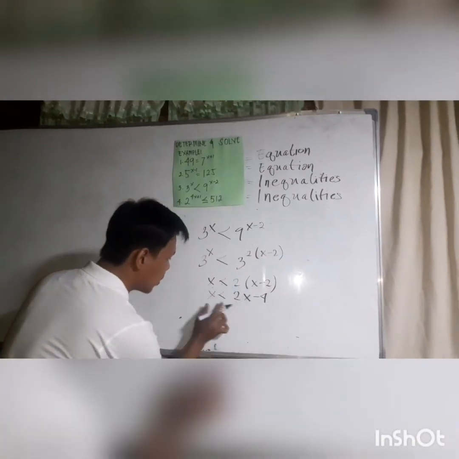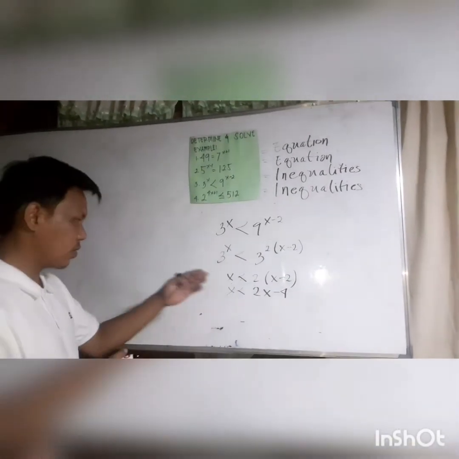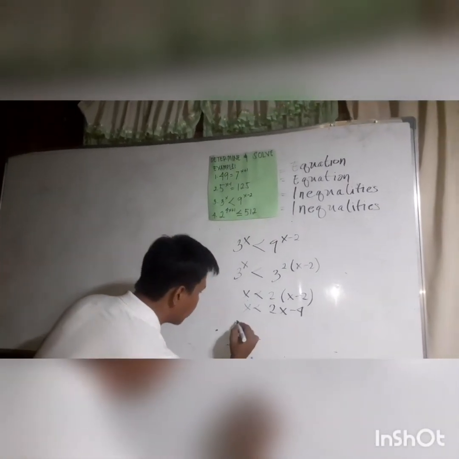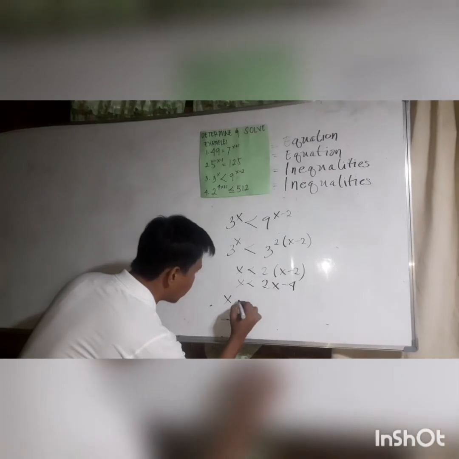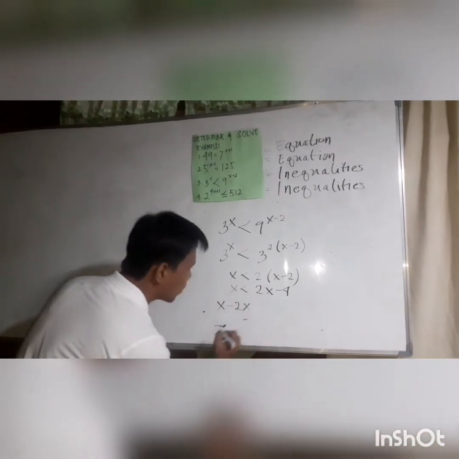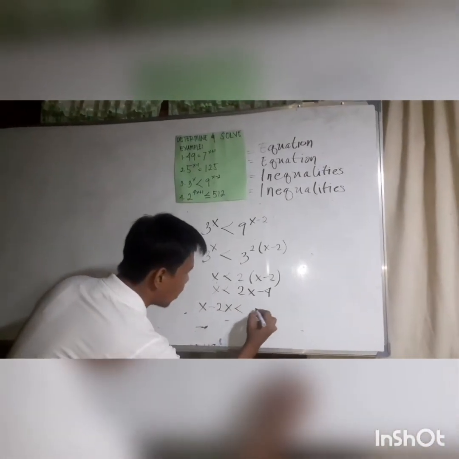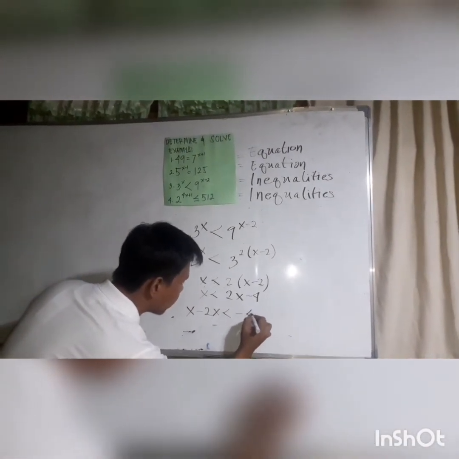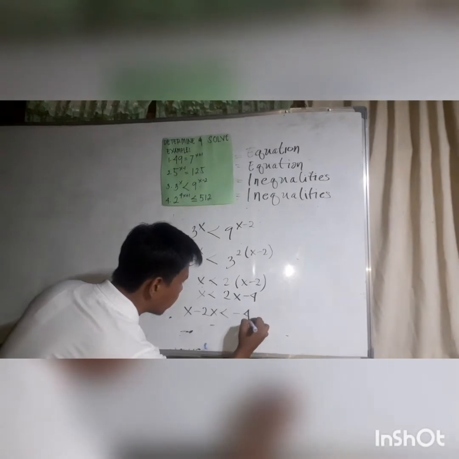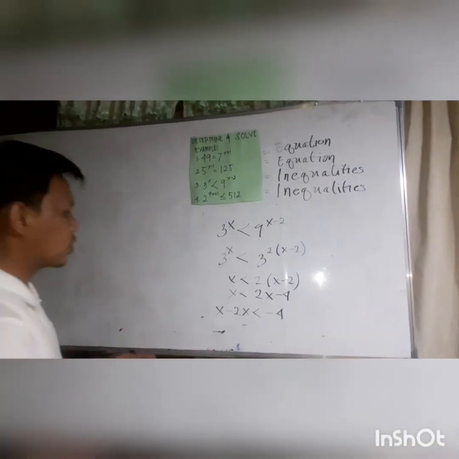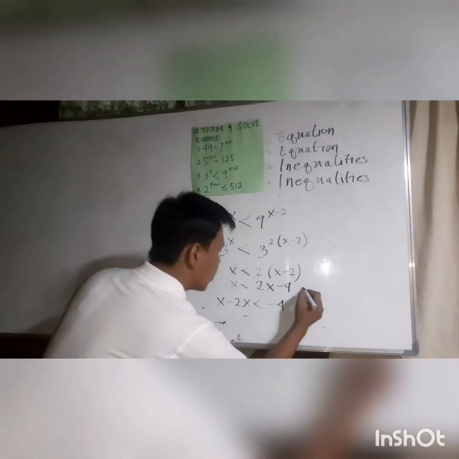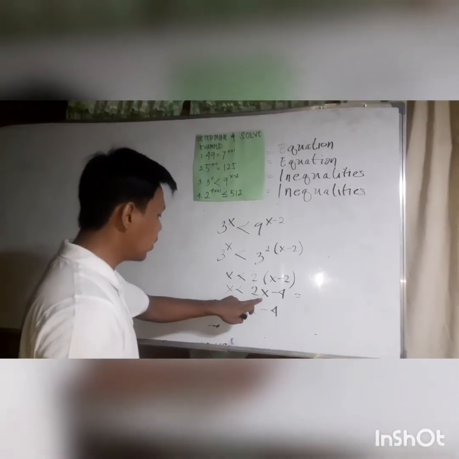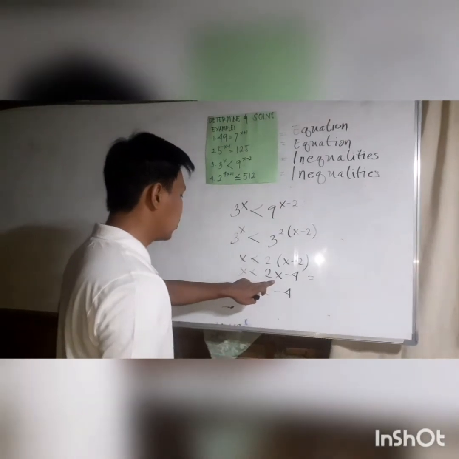To get this positive 2x, we use that x minus 2x is less than negative 4. Same process. Why is this unequal? Because we use that to eliminate this.